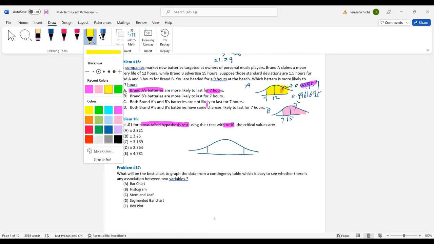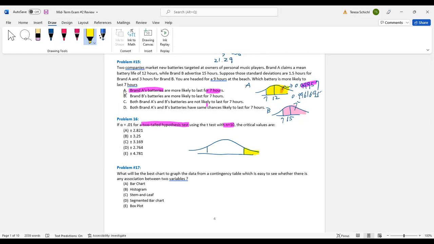So both tails, so this area and this area here. And when you add both areas, you get 0.01. So what happens to each area? This is 0.005, and this is 0.005 here. So I need to find this, one of my critical values.